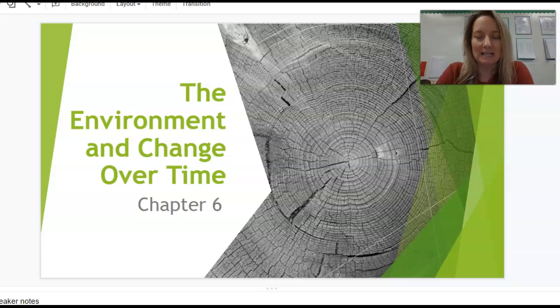Good morning, guys. Today, what we're looking at in this lesson in Chapter 6 is the environment and change over time, okay? It's a really great chapter. We cover a lot of objectives in the Alabama Course of Study, and it looks at fossils. What are they? How do we determine fossils?